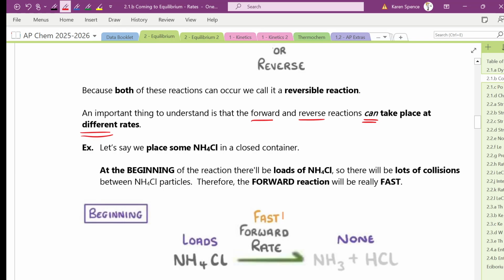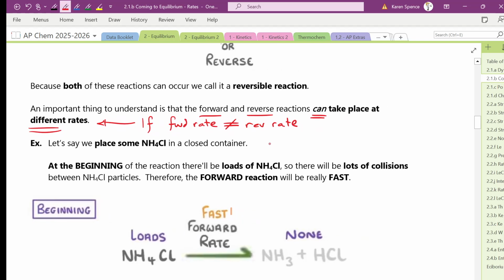It's just if they take place at different rates, then they are not at equilibrium. So if the forward rate does not equal the reverse rate, we are not at equilibrium.